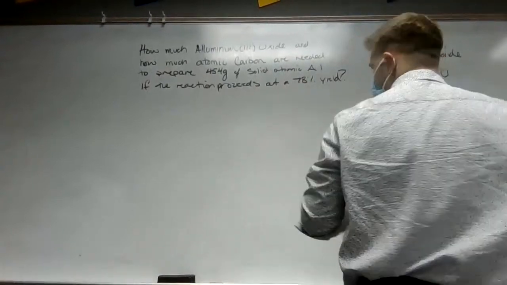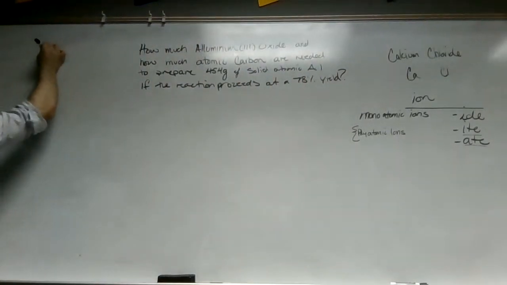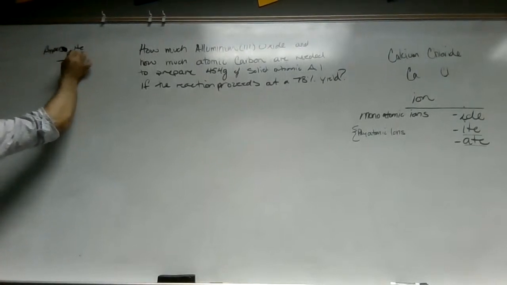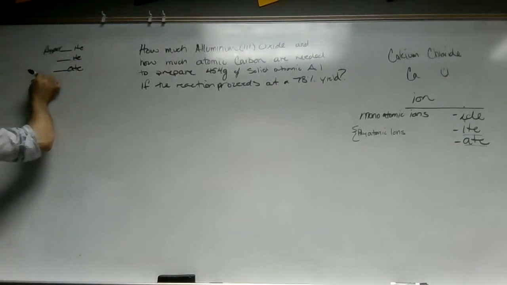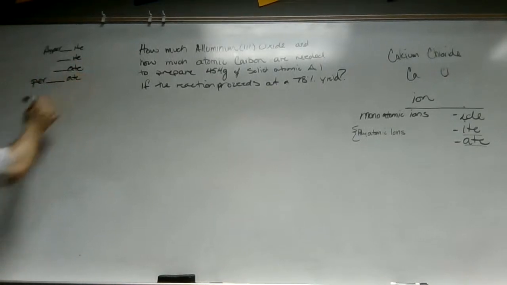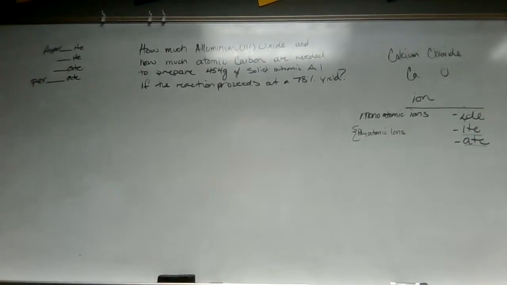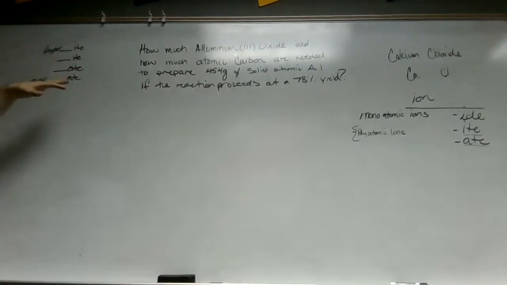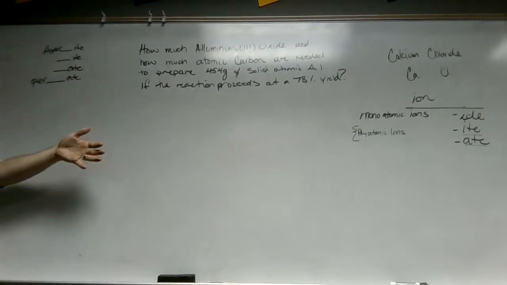So remember, as you go down the line, you can have hypo-something-ite, something-ite, something-ate, and per-something-ate. And these are all increasing the number of oxygens. It doesn't necessarily mean that ite will always have 2 oxygens and ate will always have 3, but ate will always be 1 more oxygen than ite, which is 1 more oxygen than hypo-whatever that comes with ite.